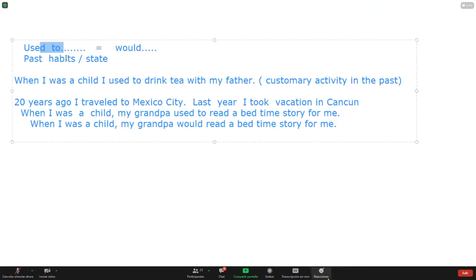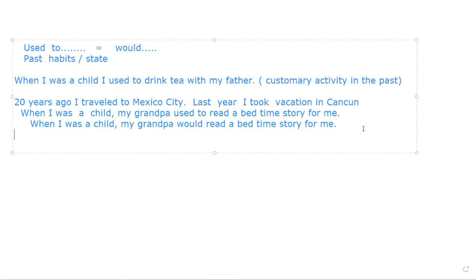Well, as a past habit, it is used to. Remember, here we are using the past form, so obviously in the negative, this will be didn't. For example, 50 years ago, children didn't used to have electronic gadgets like the ones they have now.